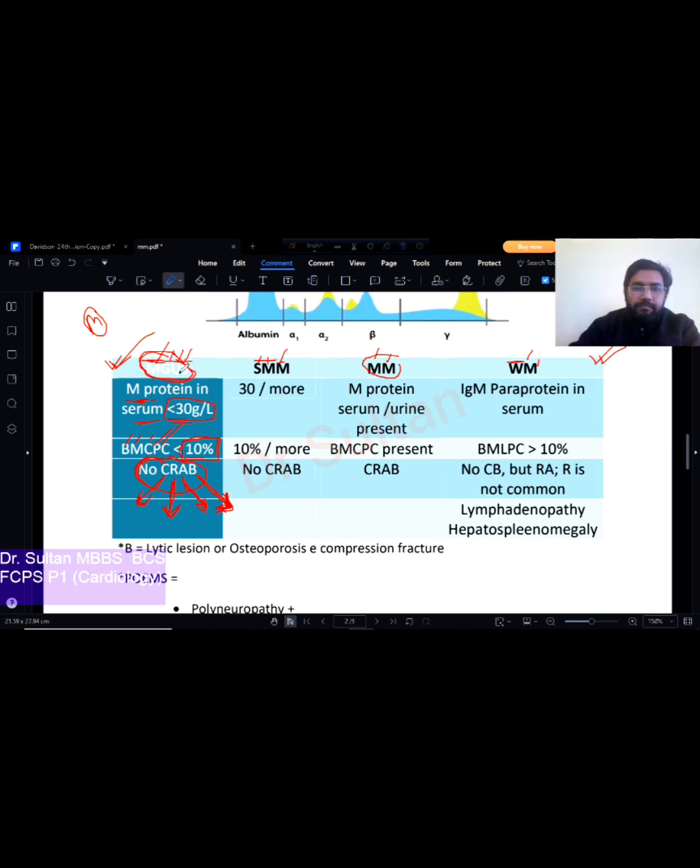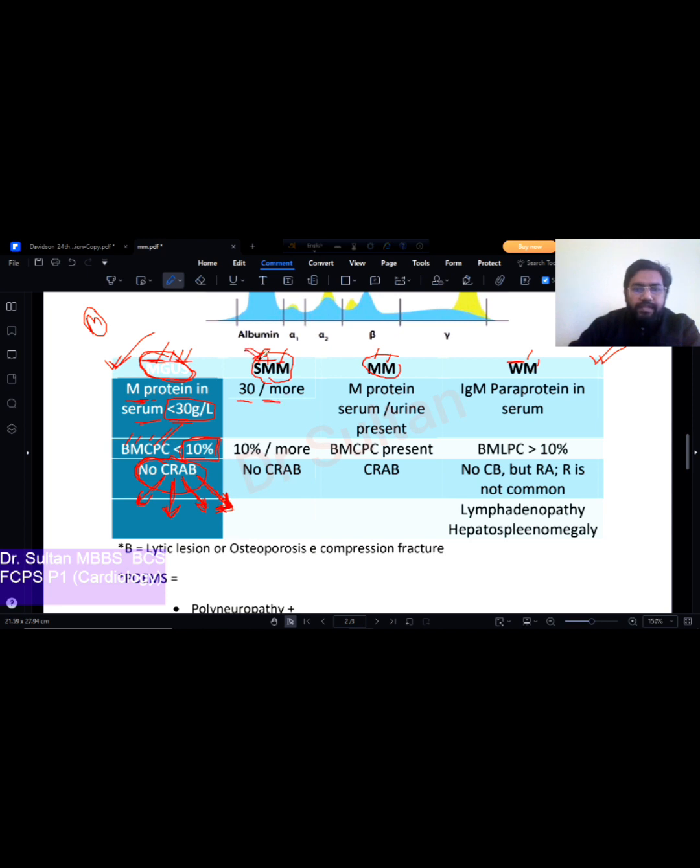But in smoldering multiple myeloma, SMM, these parameters will be increased. The M protein concentration in serum is 30 gram per liter or more.